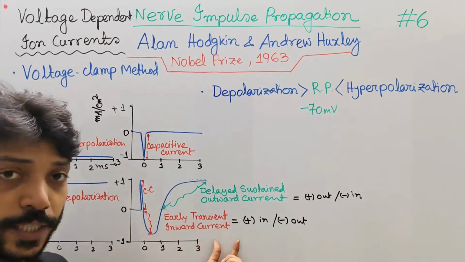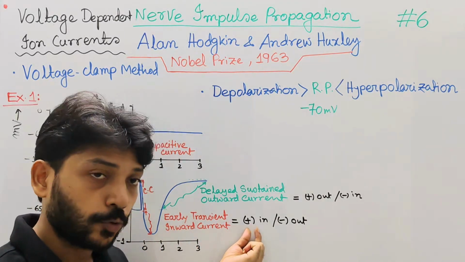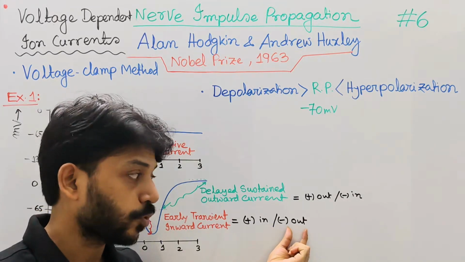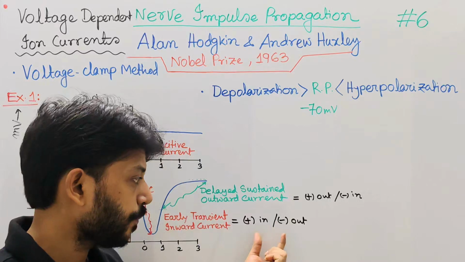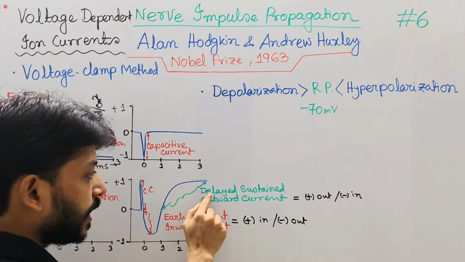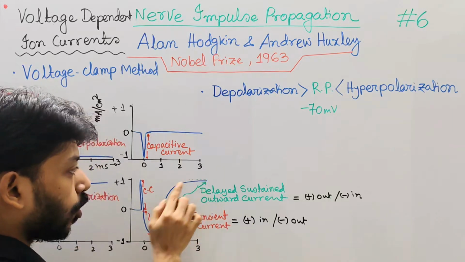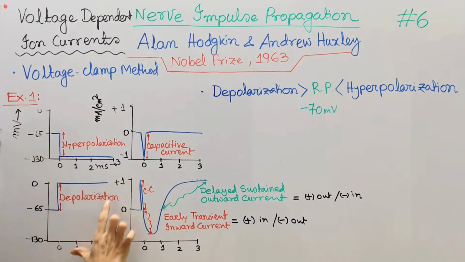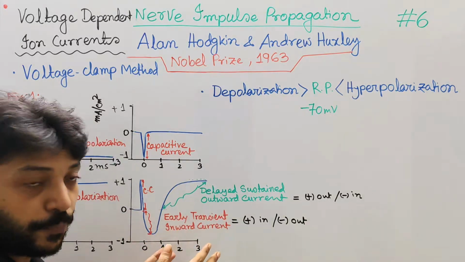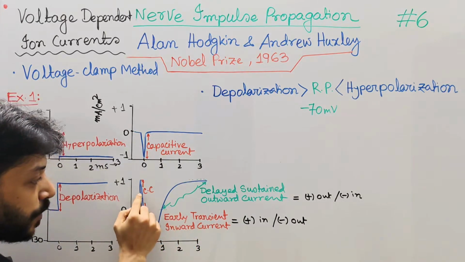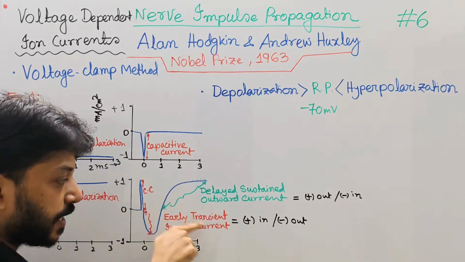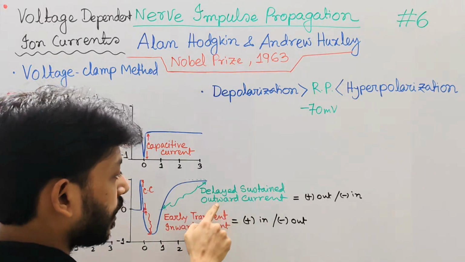Now inward current means a cation comes inside the neuron or an anion goes outside of the neuron. So in any way, this is called inward current. Now after that, a delayed sustained outward current is observed. Okay, so applying depolarization membrane potential, they got this type of graph. This is very special because here you can see after the capacitive current, there is an early transient inward current and there is a delayed sustained outward current.